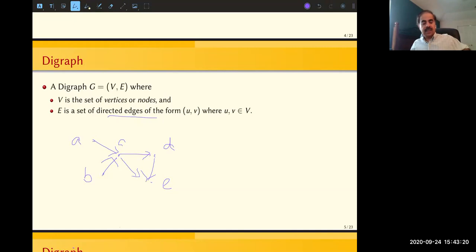In this case, you have several vertices, which we have labeled A, B, C, D, and E.